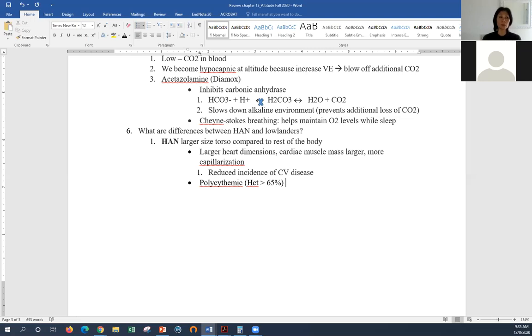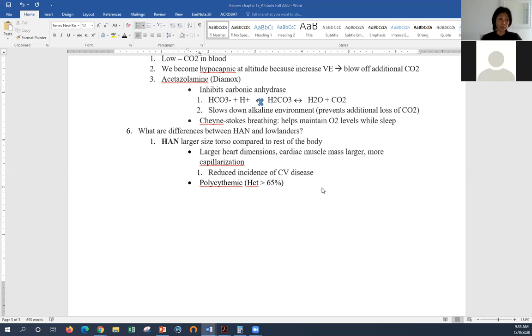This is what also happens with blood doping in athletes who remove their blood, remove the red blood cells. And as a result, the body produces more red blood cells. And then before the event, they infuse back the red blood cells to become polycythemic, which is going to increase their oxygen carrying capacity. But at the same time, it also increases the blood viscosity, so increases the risk of clotting.